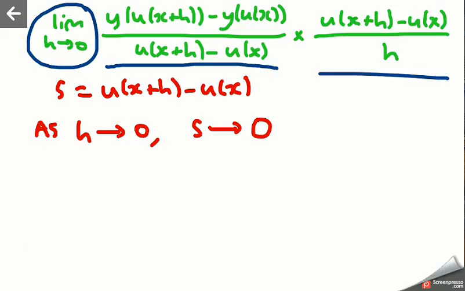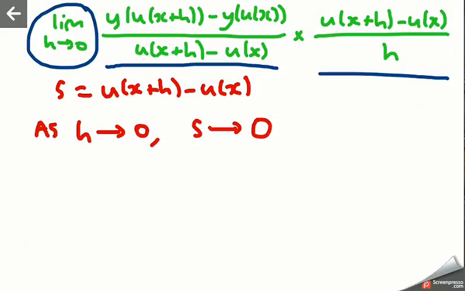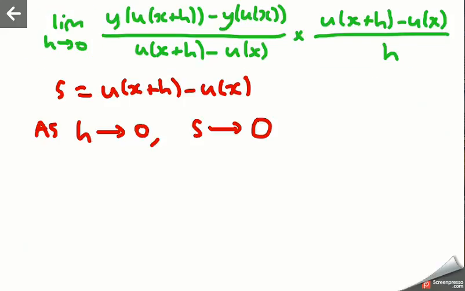What I mean is, whatever this big limit is, it's going to be equal to wherever this thing goes as h gets closer and closer to 0, times wherever this thing goes as h gets closer and closer to 0. Have a think about why that's true. You can formally prove it, but just picturing it in your mind will do for now. We don't need to formally prove it at high school.